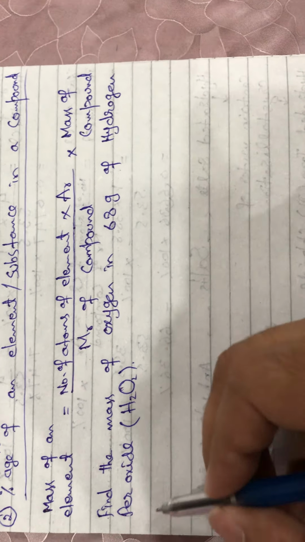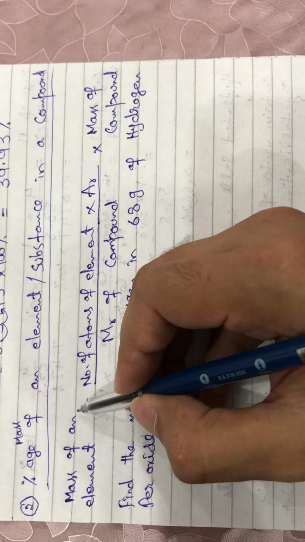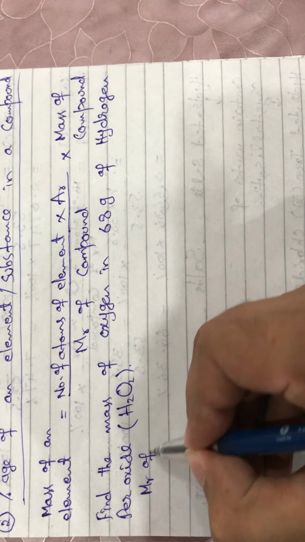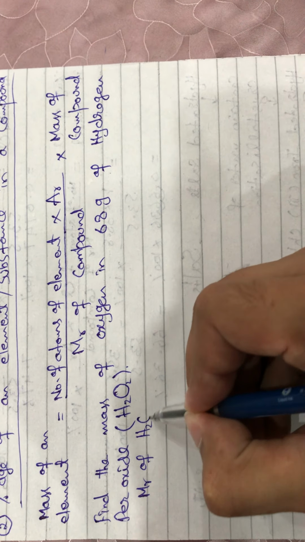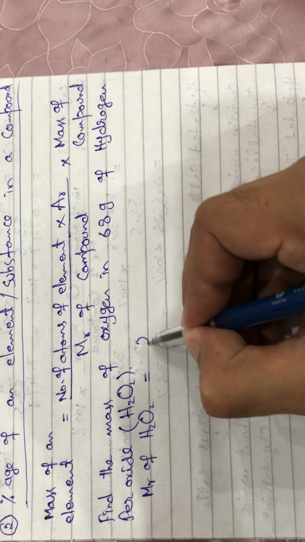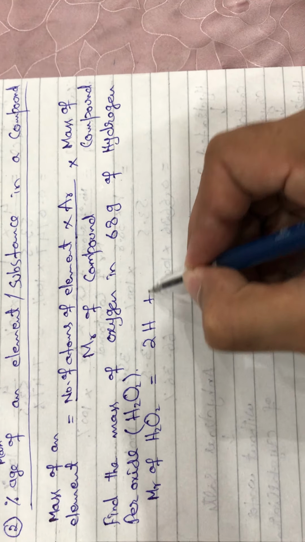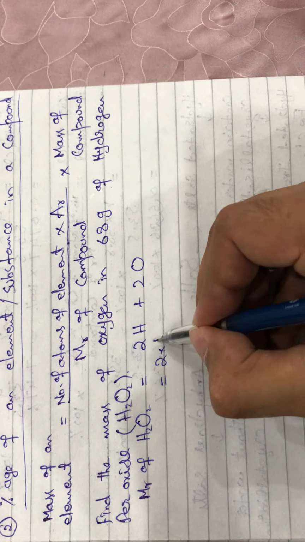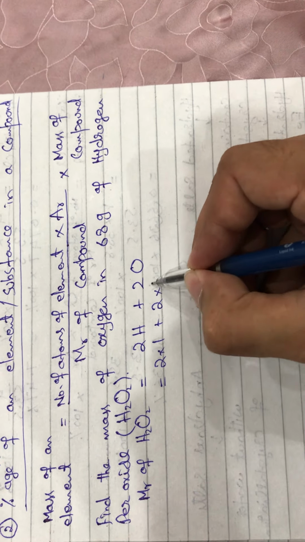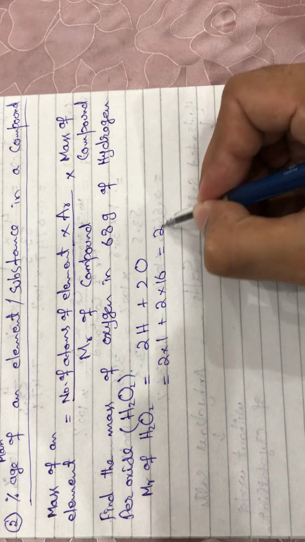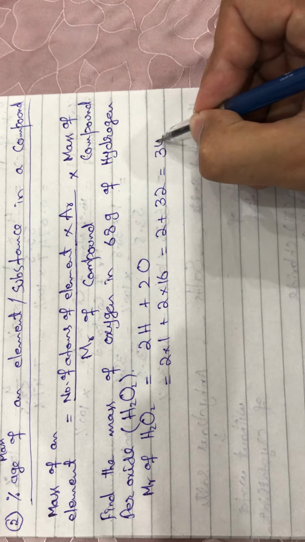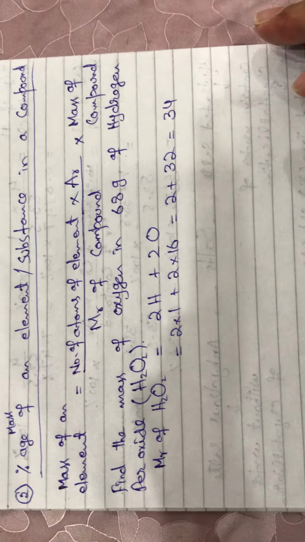So we have to use the above formula, but first we have to calculate the MR of hydrogen peroxide H2O2, that is 2 atoms of hydrogen plus 2 atoms of oxygen. So 2 times 1 plus 2 times 16, the answer will be 2 plus 32 and our sum will be 34.